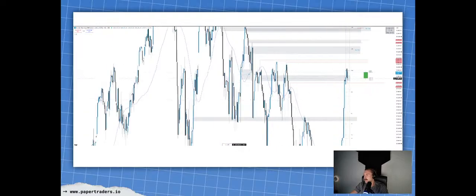We are currently inside of this 4-hour fair value gap as well. This is also trading around this 4-hour FVG from 29,895.50 to 29,819.25, where we have seen previous rejections.